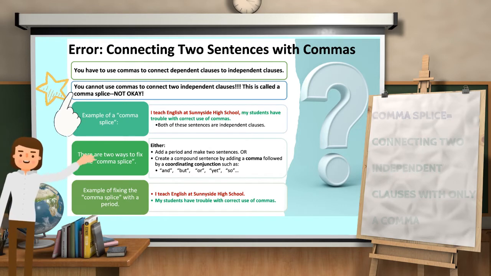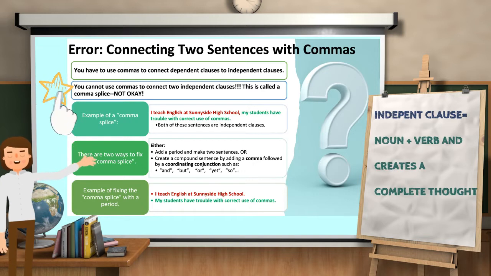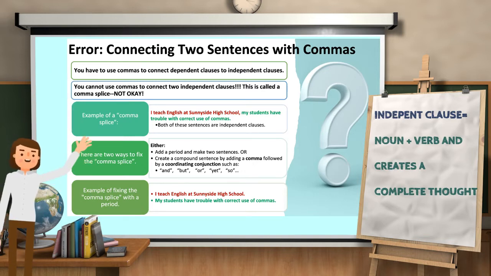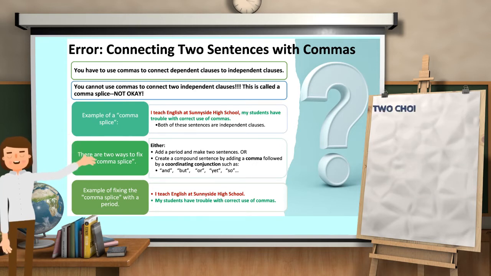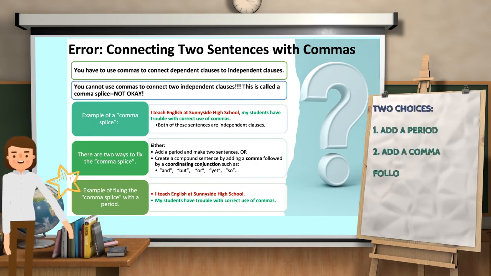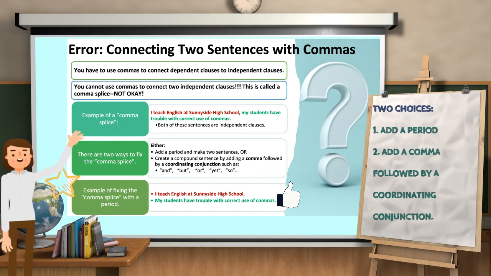My students have trouble with the correct use of commas. That is an independent clause. So you've got to make some adjustments here. You have the choice. You can either add a period and make two sentences. I teach English at Sunnyside High School, period. My students have trouble with correct use of commas, period.